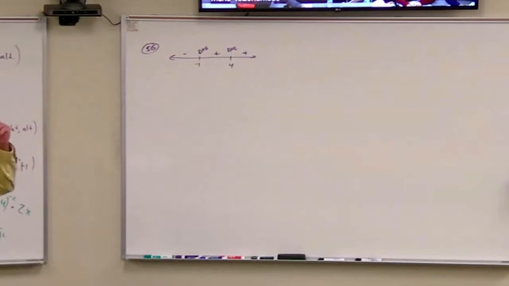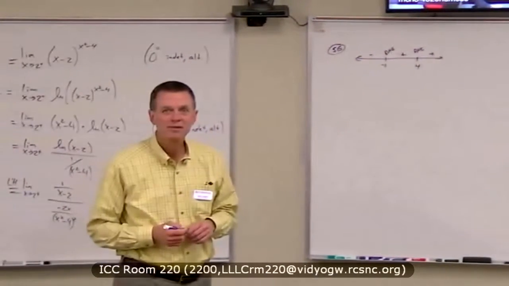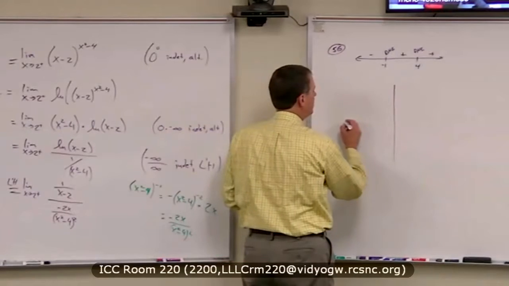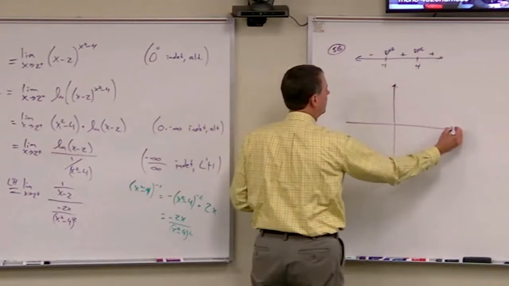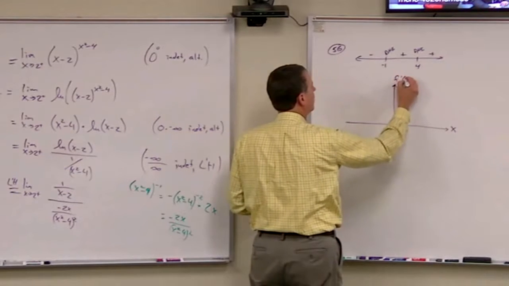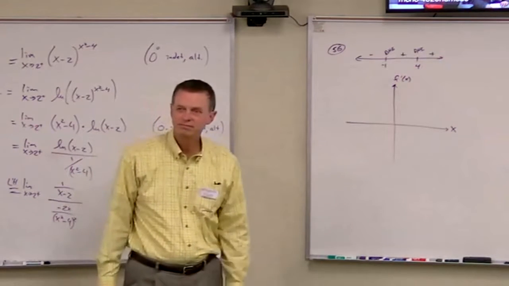Right, so we're supposed to sketch a possible graph of f prime and of f. What did it say? How do we do that? Where does it not exist? What's that going to look like?